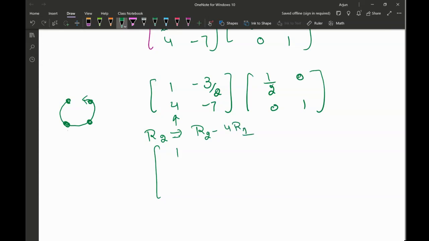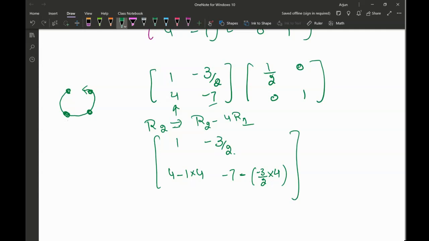So the first row will remain the same. For R2, I'm going to write 4 minus 1 times 4, and for the second element, minus 7 minus, and this is minus 3 over 2 multiplied by 4.